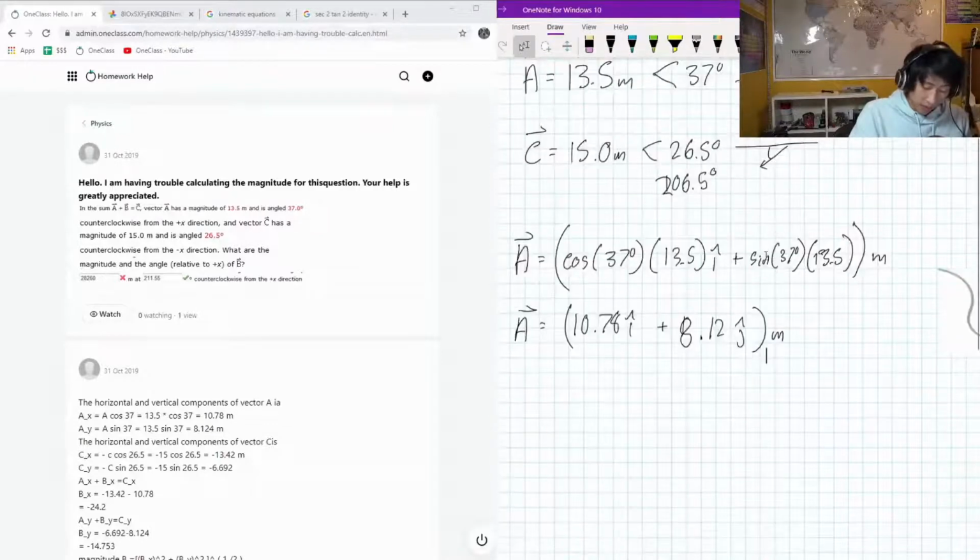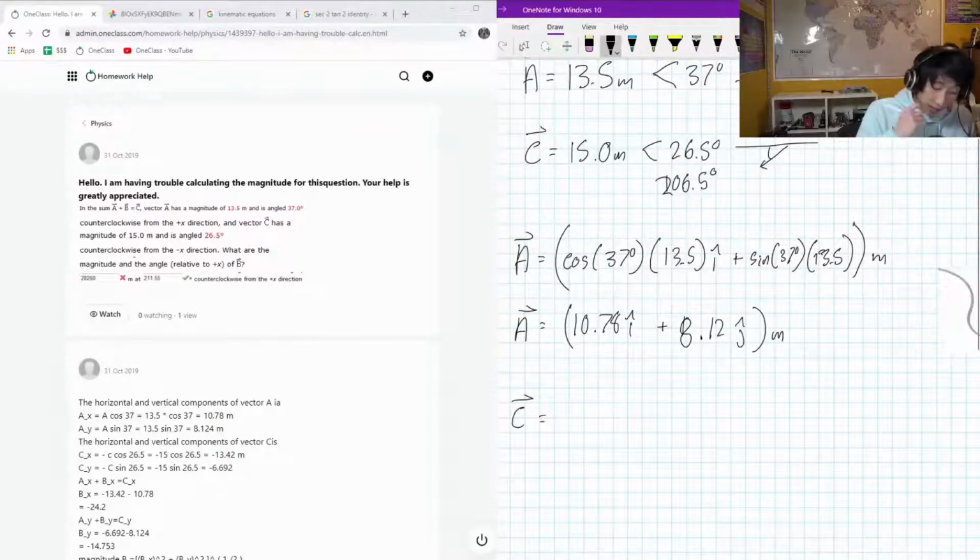Okay, and we're going to do the same procedure for the c, except notice how we are going towards the bottom left. That means we have to have a negative y direction and a negative x direction. So we're going to have negative terms here. So we'll use the smaller angle, the 26.5 degrees, and we'll just make our sign adjustments as we go. We know both are going to be negative.